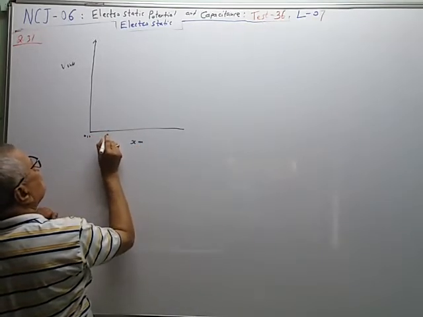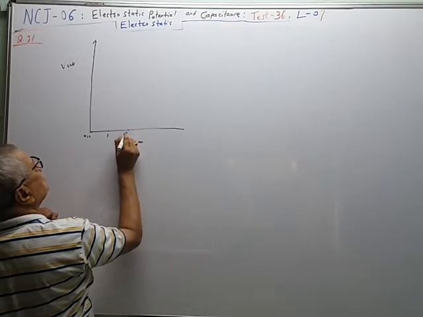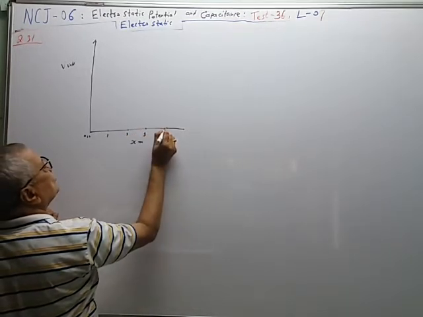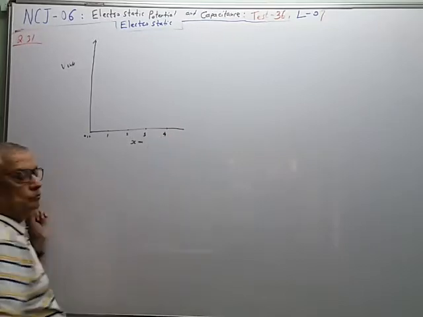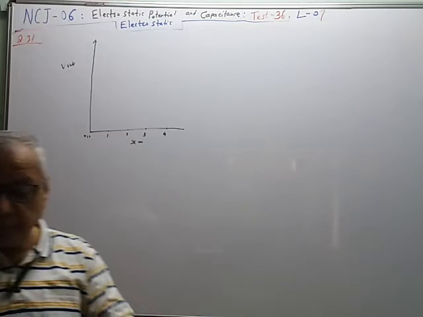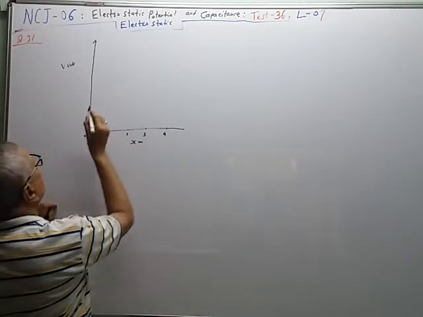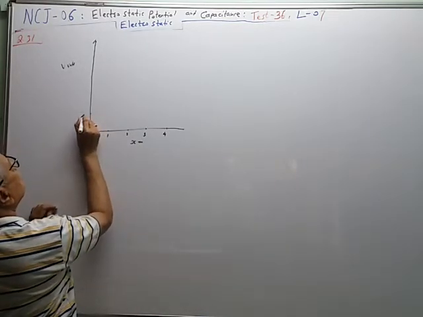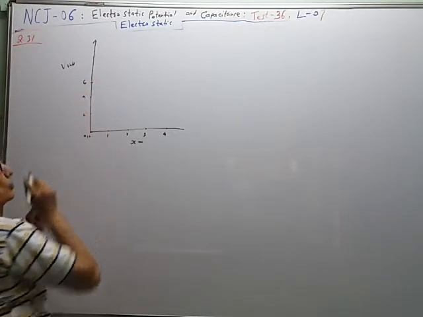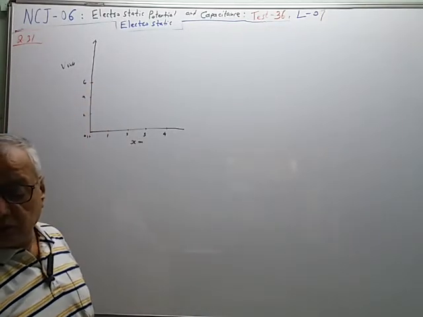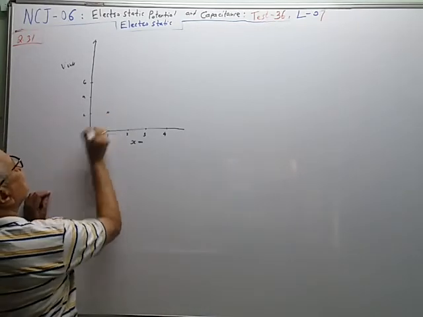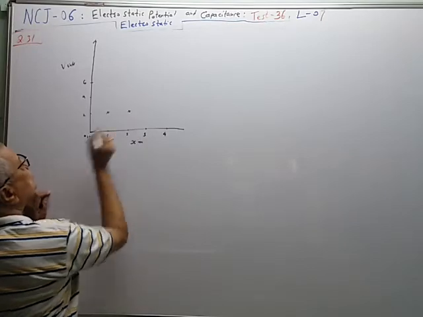So x is equal to 1, x is equal to 2, x is equal to 3, x is equal to 4, like this, and this is equal to 2 volt, 4 volt, 6 volt. So at x is equal to 1, the voltage is 2. At x is equal to 2, voltage is 2.